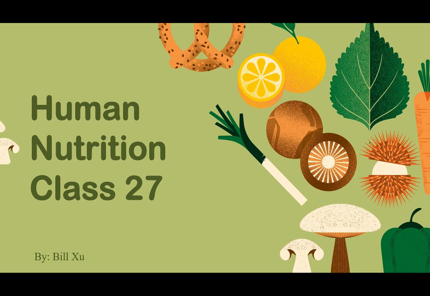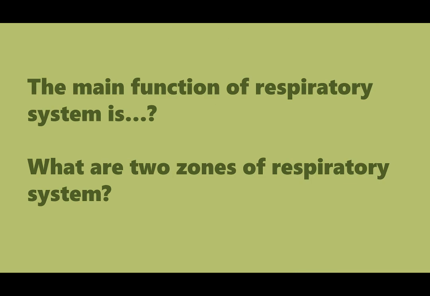But before we talk about today's topic, let's go over several questions real quick. The main function of the respiratory system is what? Basically the exchange of gas. We breathe in oxygen and breathe out carbon dioxide.